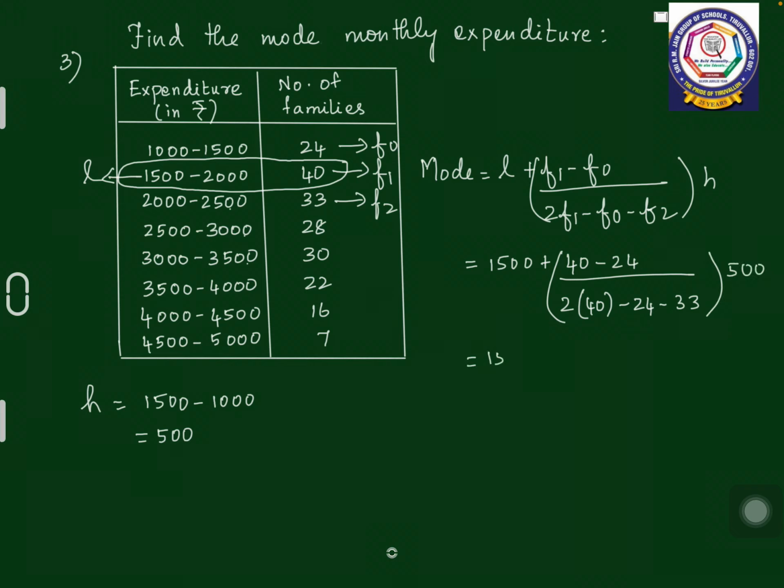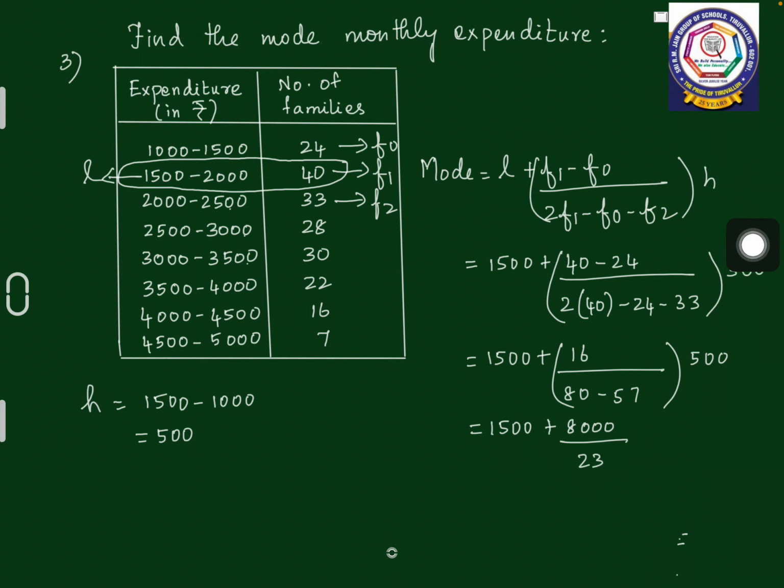So 1500 plus 16 by (80 minus 57) into 500. So 1500 plus 16 into 500, which is 8000, by 23.